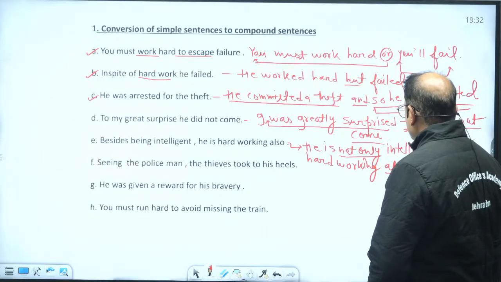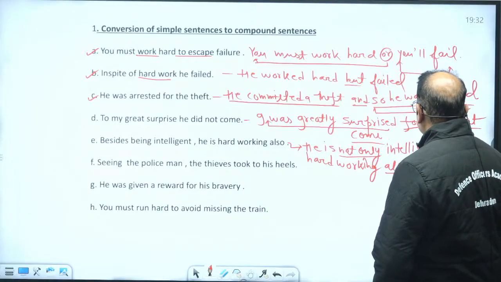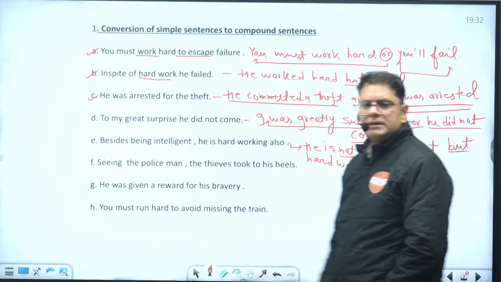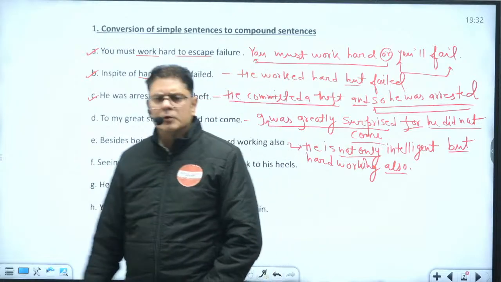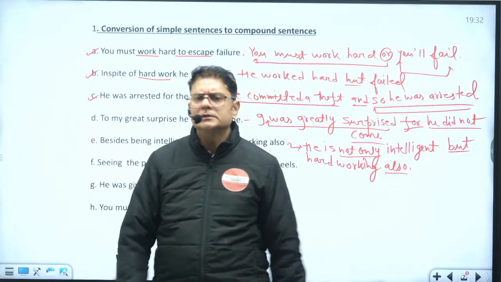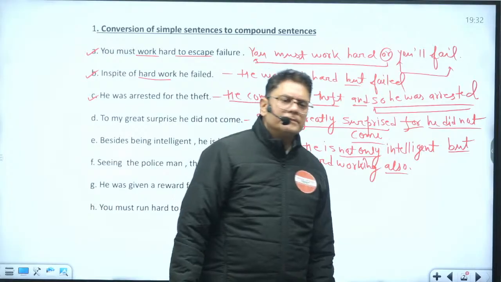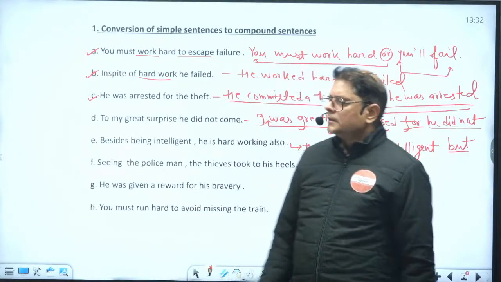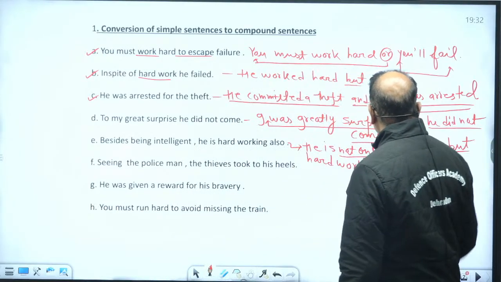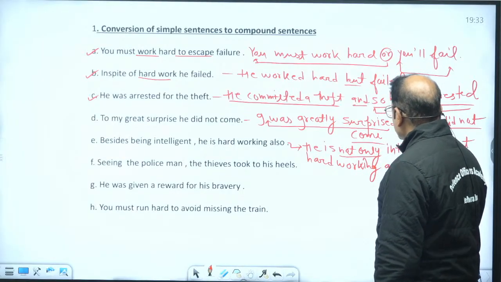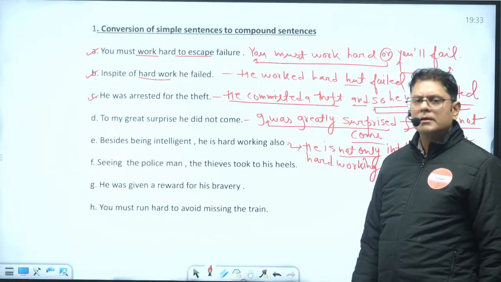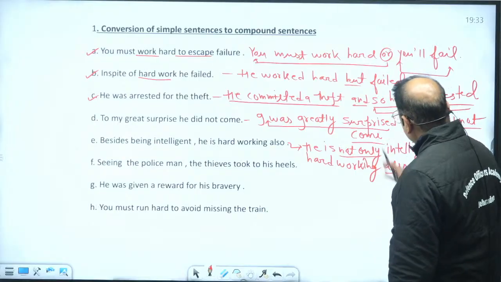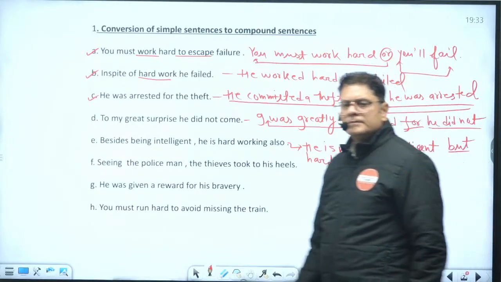He is not only hardworking but also intelligent. So you can do it in both the manners. You can put this hardworking before and then intelligent later on.